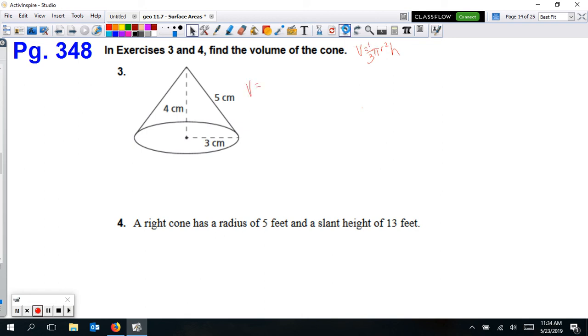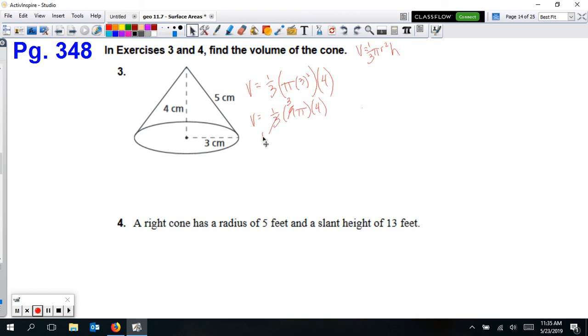So as we plug things in, the volume is going to equal 1/3 times pi r squared. So r again is 3, so it's going to be pi times 3 squared times the height, which is the 4. And so this is going to end up being 9 pi, which we can cross cancel with the 1/3 there. So 9 and 3 can cross cancel: 3 becomes a 1 and 9 becomes 3.